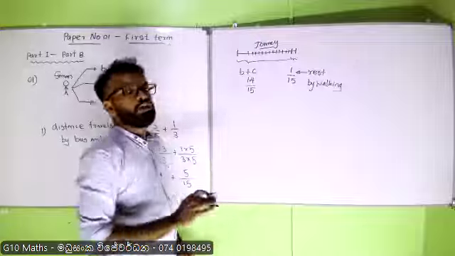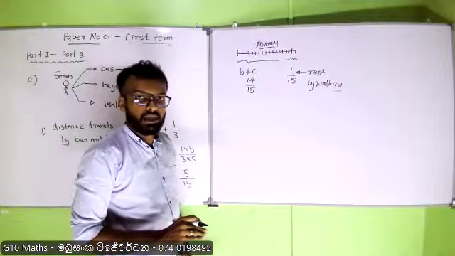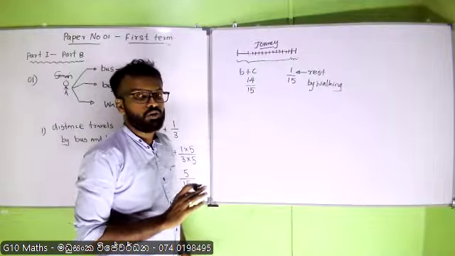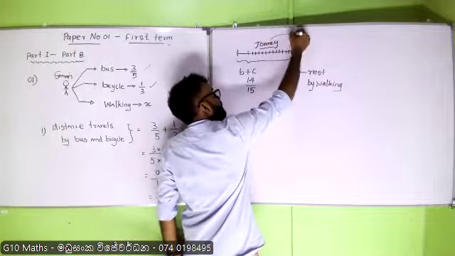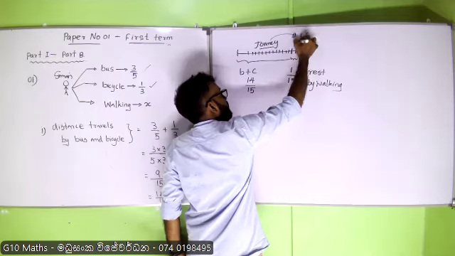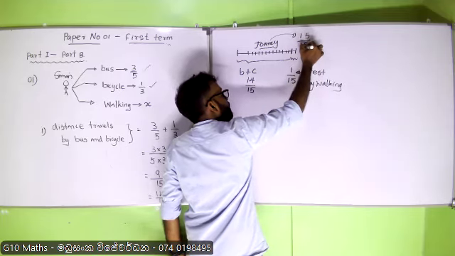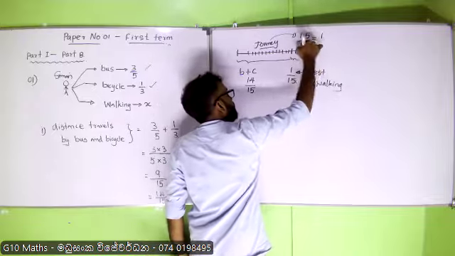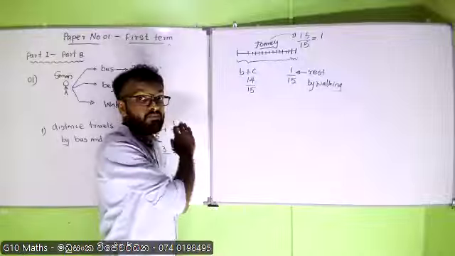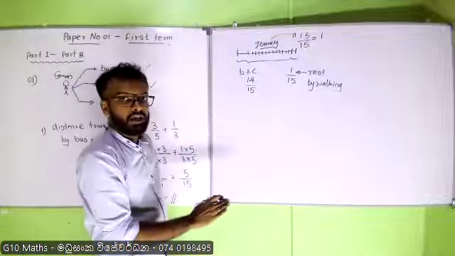So this is the story you need to understand. The full journey will be represented by 15 upon 15. That means 1, 15 divided by 15 is 1. That is the total journey.